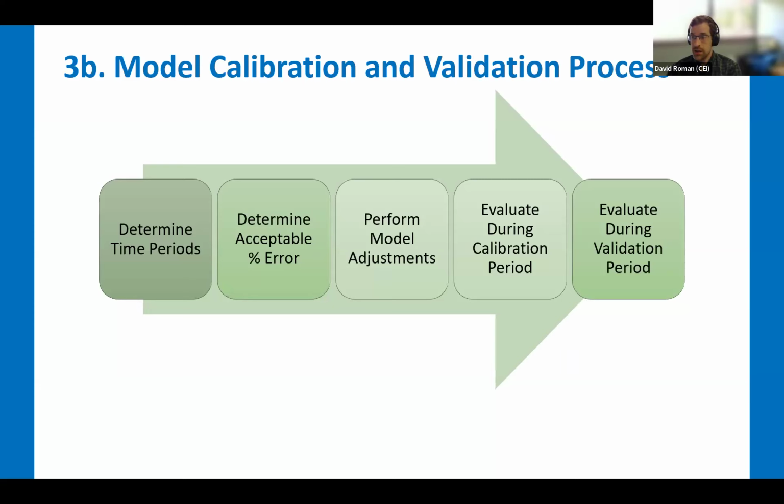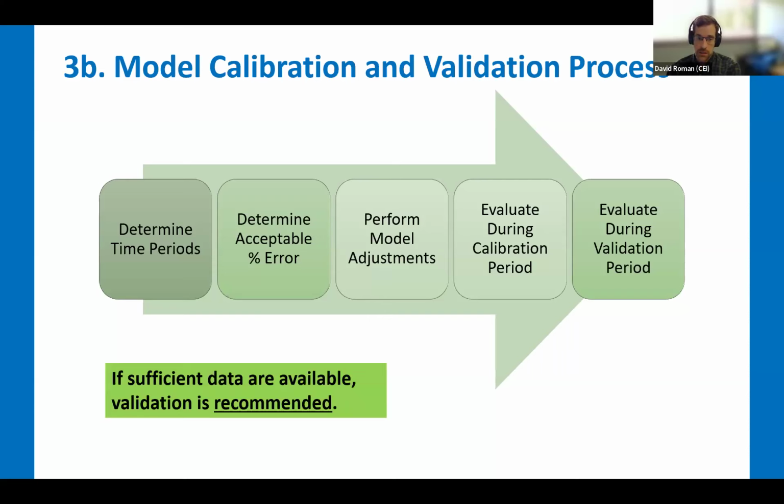And then if you have enough data, you can consider validating the model as well. Validating the model is really just running your calibrated model and making sure that your % error still stays within acceptable ranges. If you have the data, validation is recommended. Oftentimes in these models, there's not enough data to do this, but it's always a bonus.